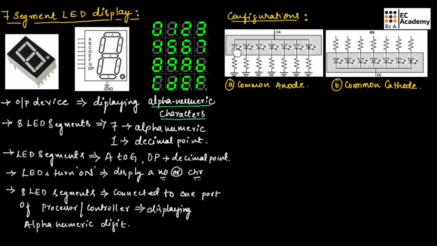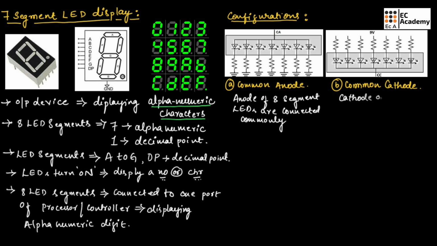In common anode configuration, the anode terminals of the 8 segment LEDs are connected commonly, and in common cathode configuration, the cathodes of the 8 segments are connected commonly. Based on these configurations, the anode or cathode is connected to the port pin of the processor or controller.